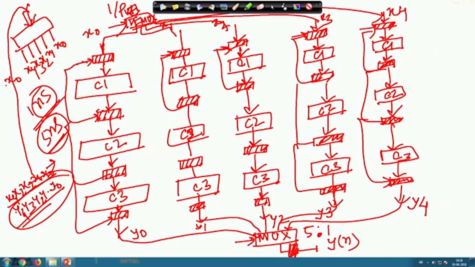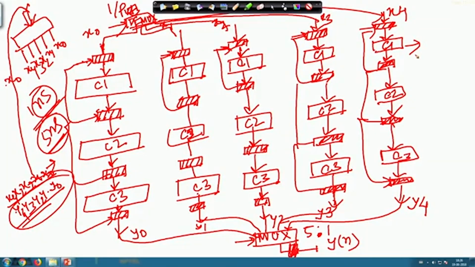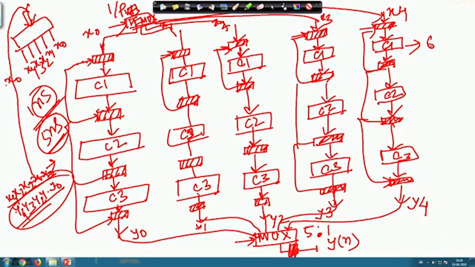Okay. So, that means there are redundant computations or blocks which are basically sitting idle. The working percentage of this C1 is 60%.